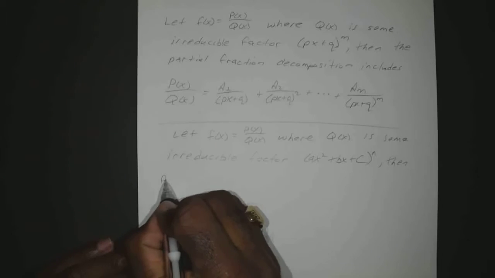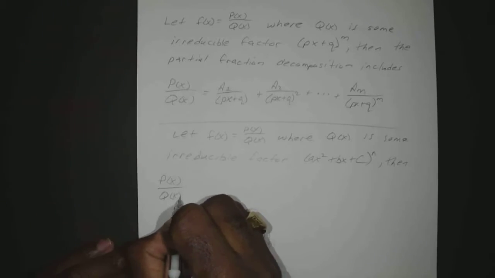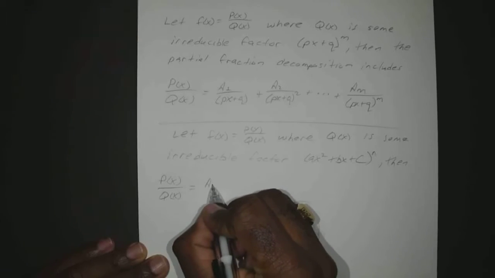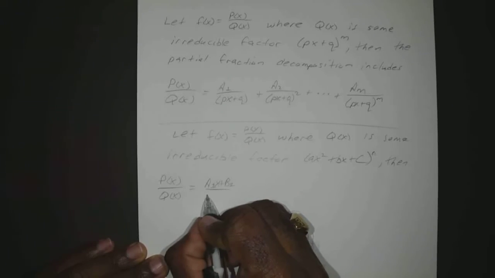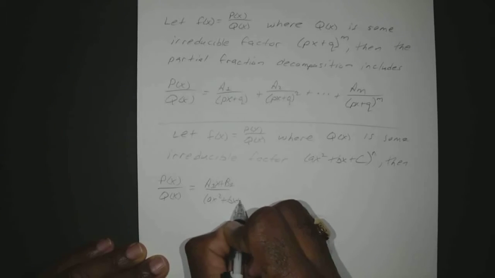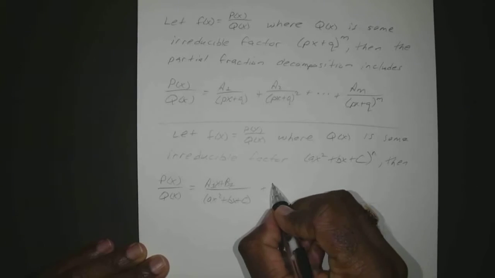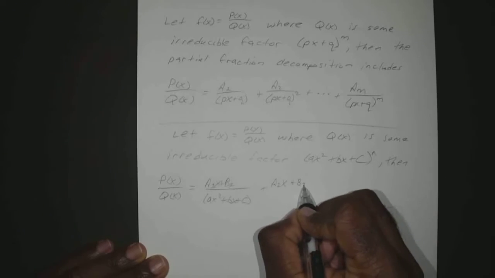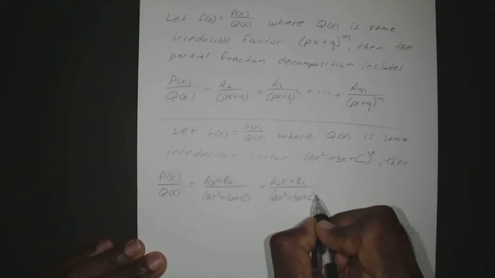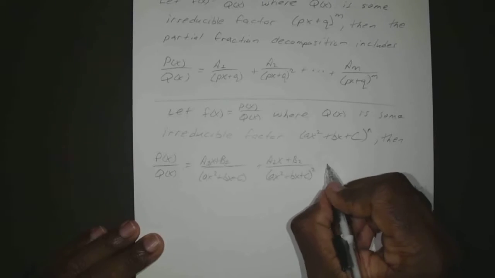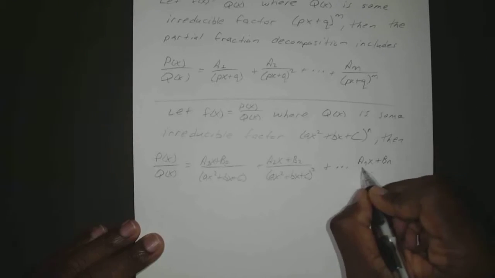Then we would write p of x over q of x as a1x plus b1 over ax squared plus bx plus c, plus a2x plus b2 over ax squared plus bx plus c squared, plus, and it keeps on going, anx plus bn over ax squared plus bx plus c to the nth power.